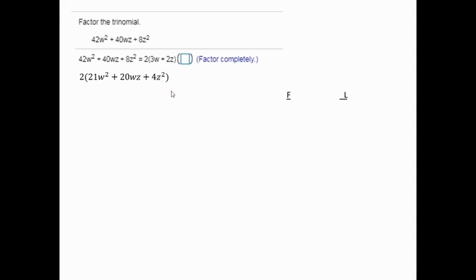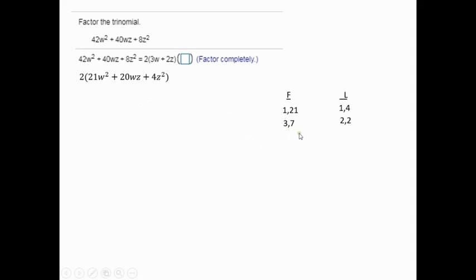Now I'd look at the factors of the first, and the factors of the last. Remember, I'm looking at these things, and I'm trying to figure out which combination of these will give me numbers that will add up to 20. So we have to think about this a little bit here.